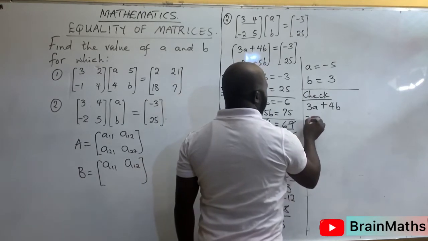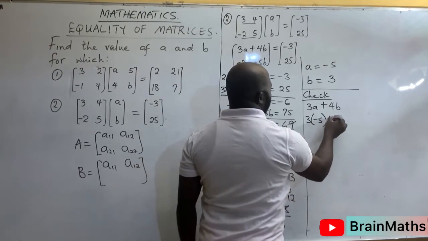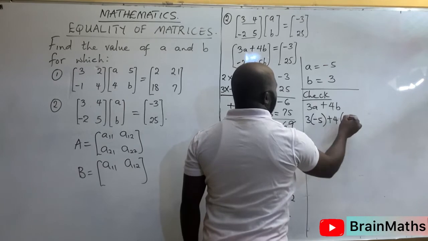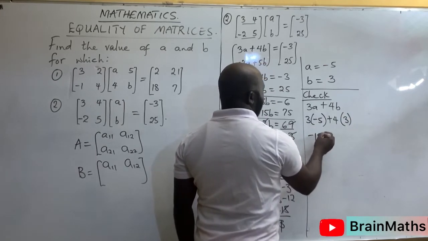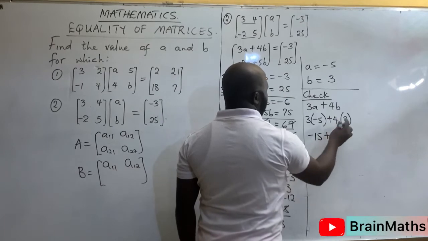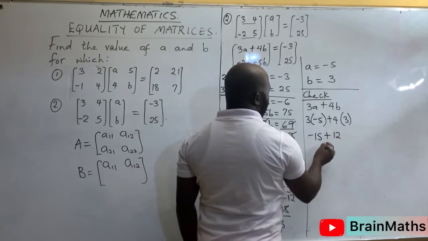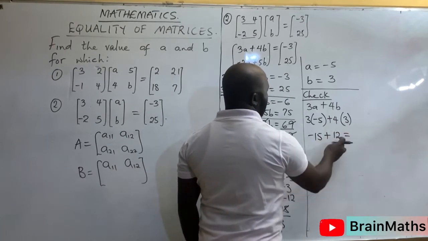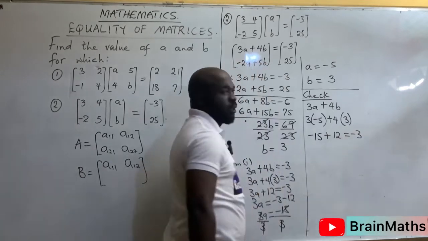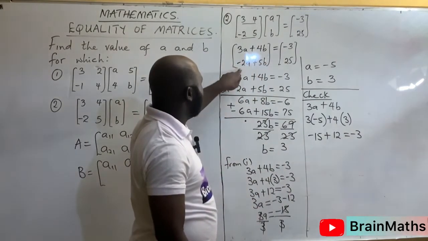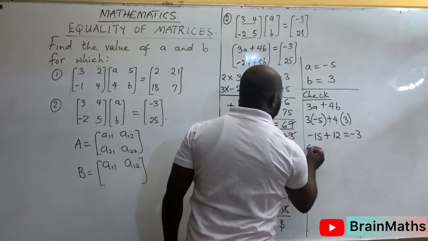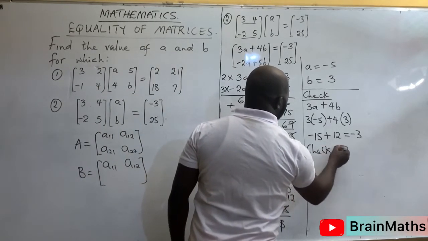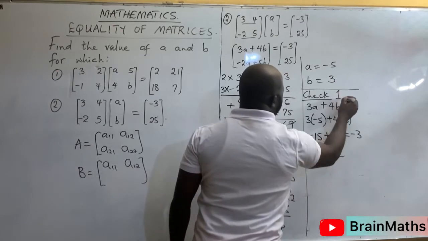So 3 times -5 plus 4 times 3. 3 times -5 is -15 plus 4 times 3 is 12, and that is equals to -3. Then if you check for the second one, you must also get 25. Let's check that as well.